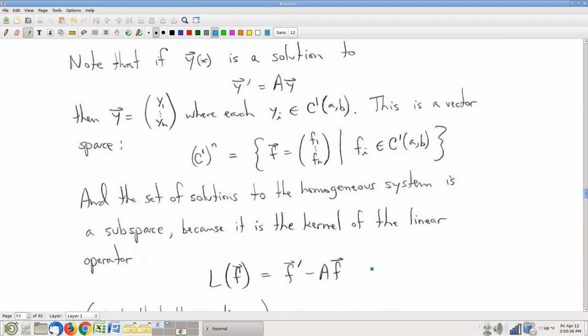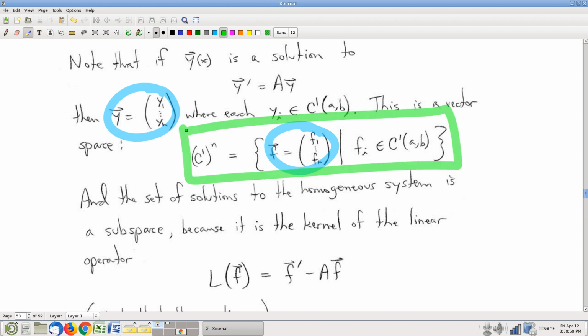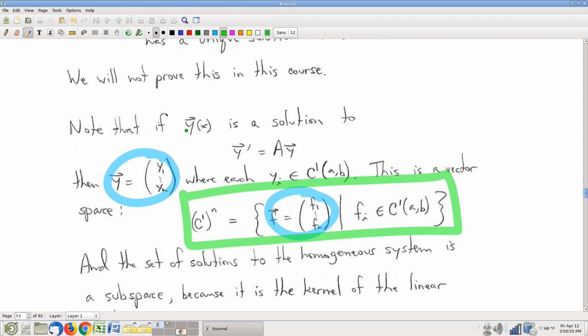So again, it looks like a bunch of calculus, but if you look deeper, for a differential equation like this, the solutions are elements of this vector space. Let's take a moment and just stare at it.